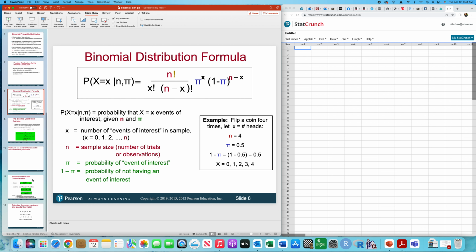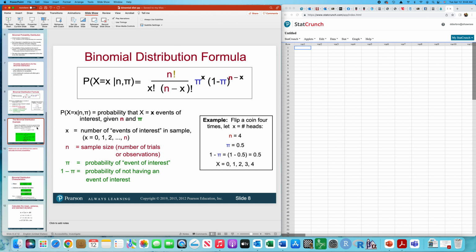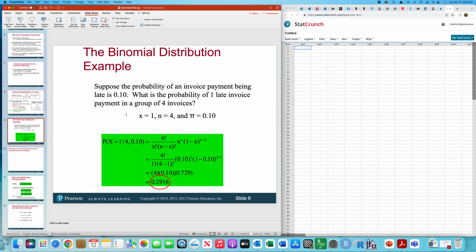This is the one. So suppose the probability of an invoice payment being late is 0.10. So we said earlier that tells us that pi is going to be equal to 0.10. What is the probability of 1 late? That tells me that my X is 1. And out of a group of 4 invoices, that tells me that n is equal to 4.